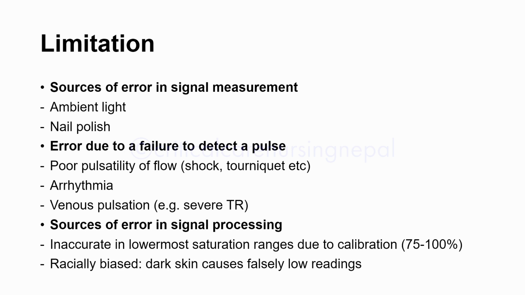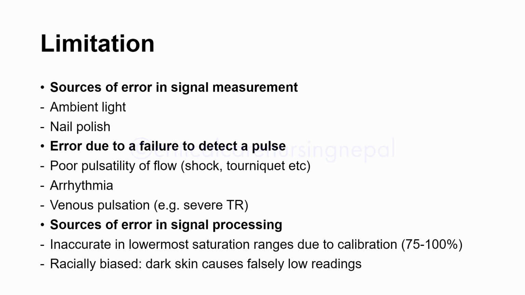And other limitations are sources of error in signal processing. So this is a processing error. It is about the calibration. Most pulse oximeters are calibrated using healthy volunteers with saturations down to 75.